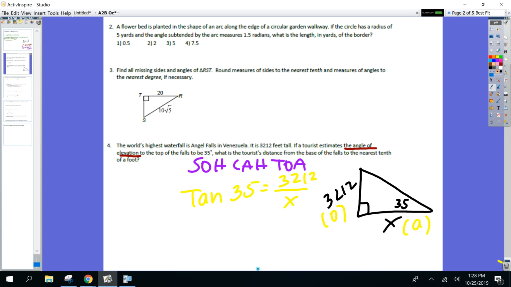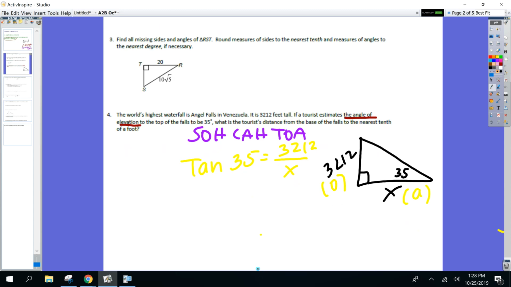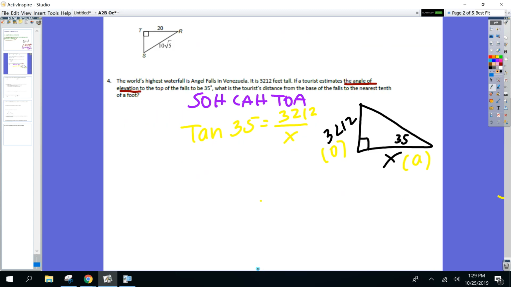Are you guys finding a side or an angle? A side, so you don't need the -1 button. That is only reserved for an angle. So how am I going to solve this? Cross multiply, yep. If you find a side, you can cross multiply it. So tangent of 35 times x equals 3,212. Some people had difficulty with this yesterday, so it's a good problem to go over.